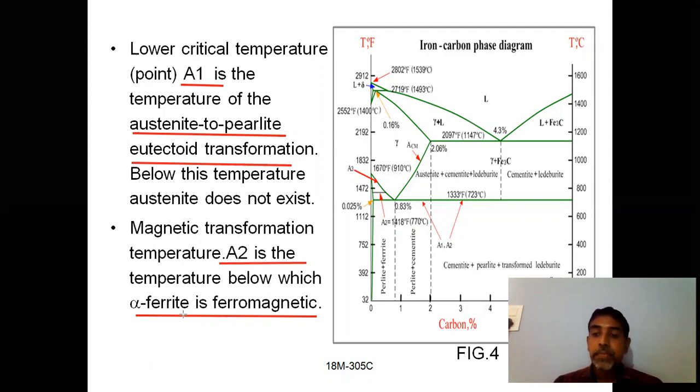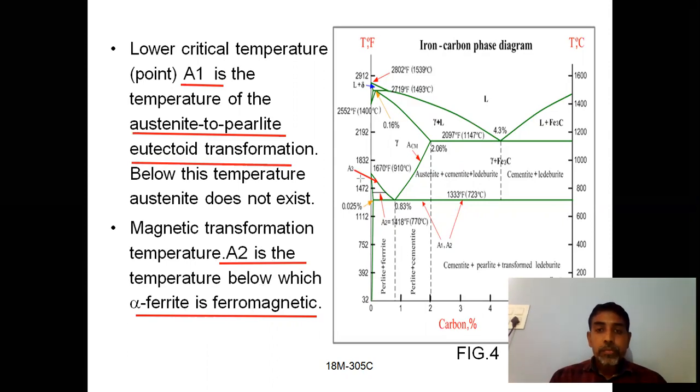We know that alpha iron may exist in non-magnetic nature as well as magnetic nature. Below this A2 temperature line, your alpha iron is magnetic in nature.